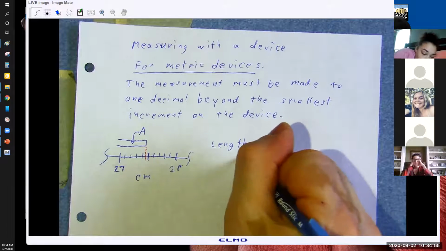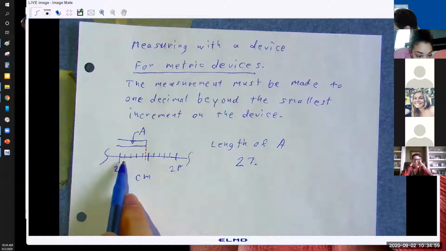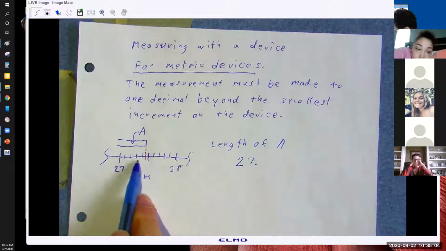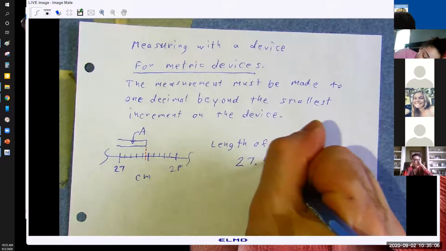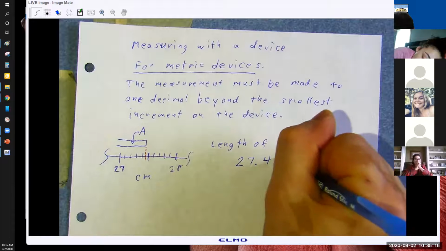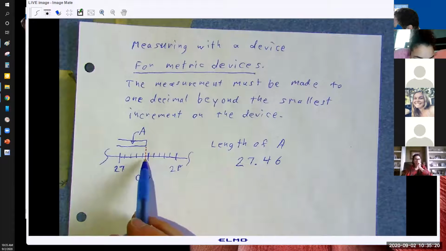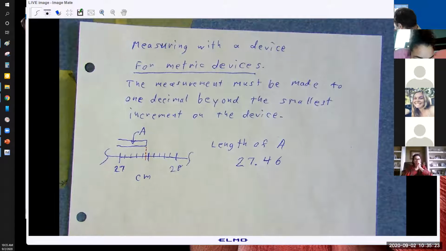so my measurement is 27 point. My smallest increment is 1/10 of a centimeter, right? Or a millimeter. So I've got 1, 2, 3, 4, 27.4. And then in here, I'm going to look at this. I'm going to say, you know, it looks like maybe 6, right? You could say 5 or 6, either one is fine.